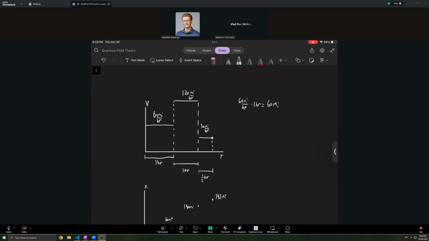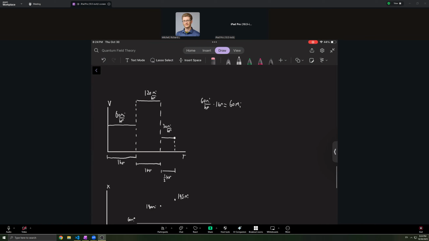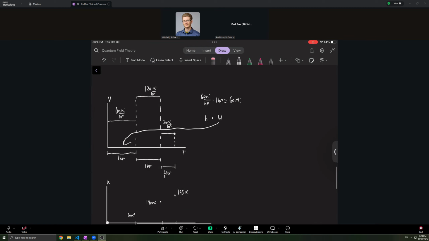So, let's say we wanted to get the area of this square or rectangle here. Well, how would you do it? Well, clearly it's the height times the width, but here in our case, the width looks to be 1 hour, and the height 60 miles per hour.